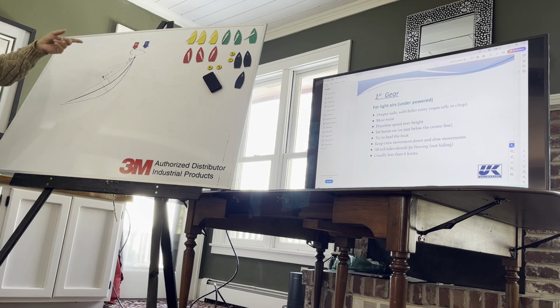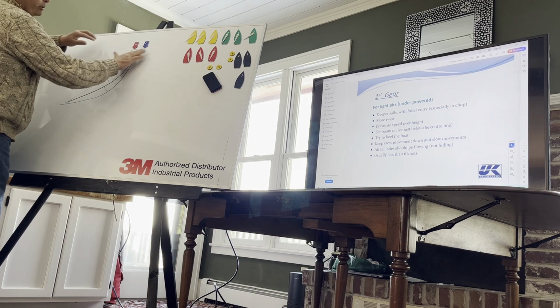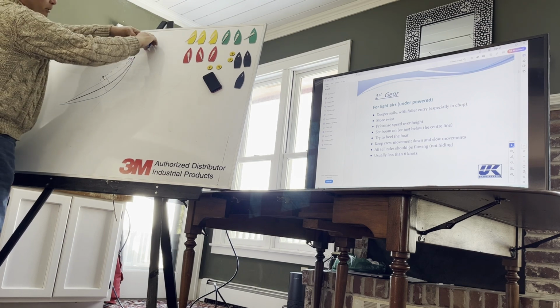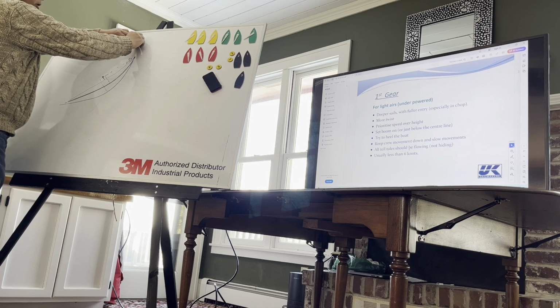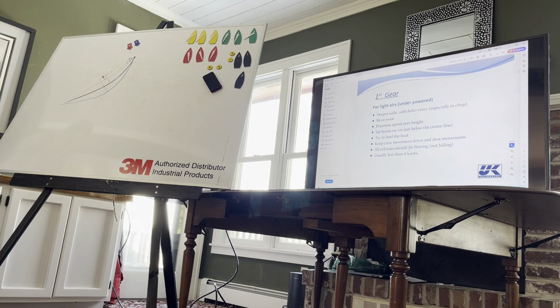But what does this sail do for us? Pointing. Because now the entry into this sail is like this, because it's flatter. And the fuller sail is more like this, right? Because it's fuller. So you're changing how the wind is entering into the sail. And by changing that, you're changing your pointing.